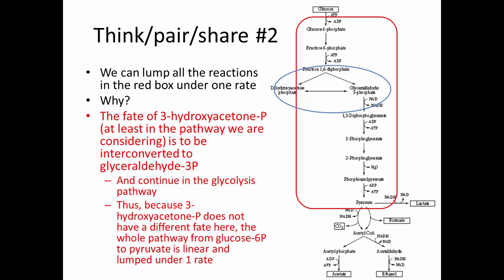And it's just going to continue in the glycolysis pathway. So this is essentially a linear pathway, all of it, from glucose 6-phosphate, or from intracellular glucose really, all the way to pyruvate. So we can consider that as one big linear rate here. And that's what we will do.